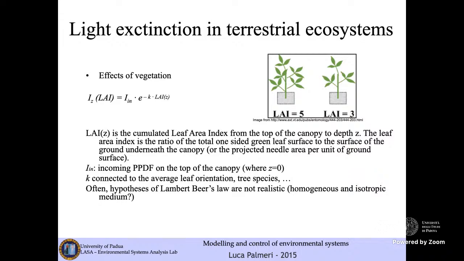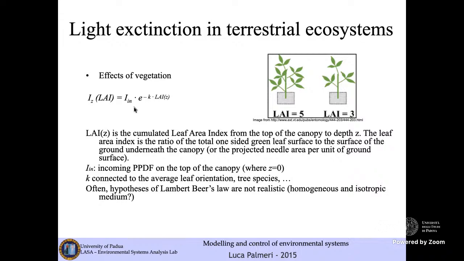As is customary, we model the intensity of radiation at depth Z as dependent on the leaf area index, and this dependence is made by calculating the quantity of energy coming from the sun on the surface of the canopy. This may be measured by the incoming photosynthetic photon flux density on the top of the canopy.